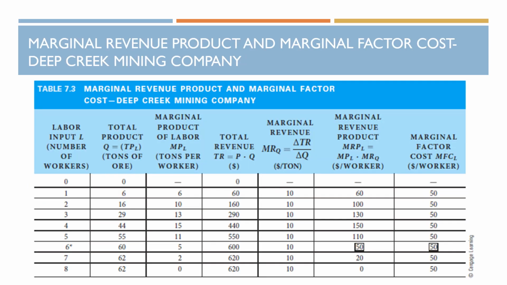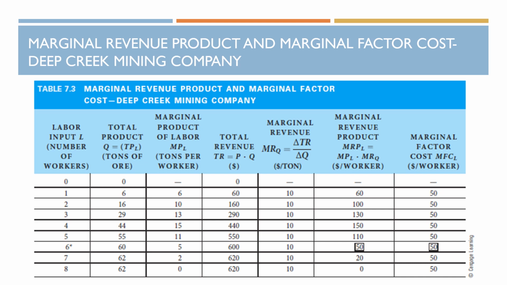Here again is a table that demonstrates this. The first few columns are what we have seen: the total number of workers, the total products, the marginal products. Now we have columns 4 and 5 calculating the total revenues and the marginal revenues of the firm. The last two columns calculate the marginal revenue product of labor and the marginal factor cost of labor.